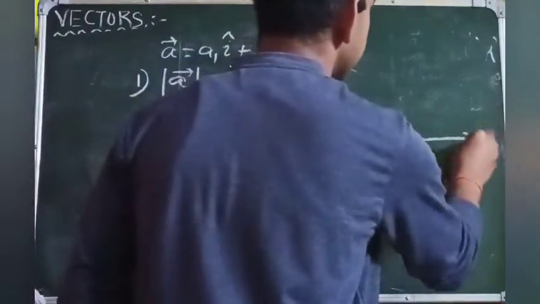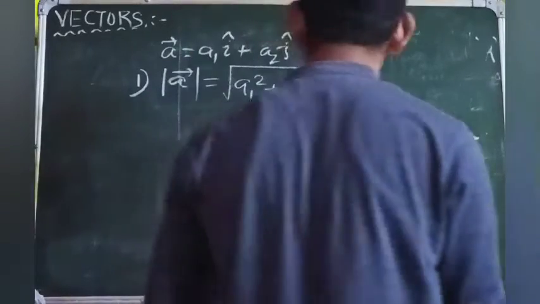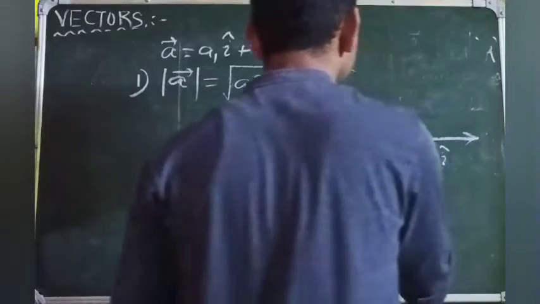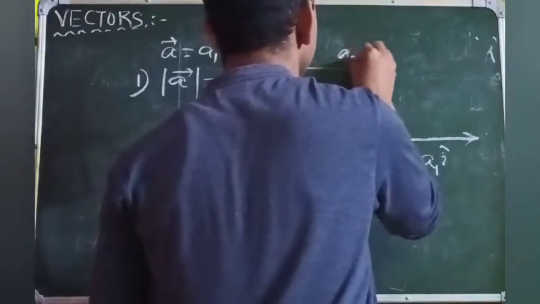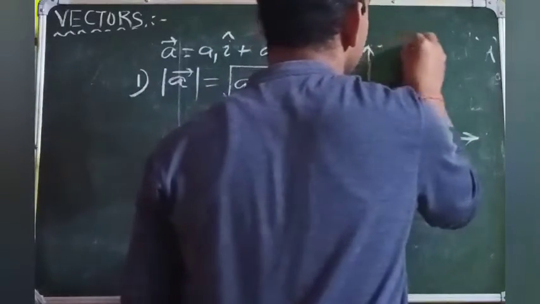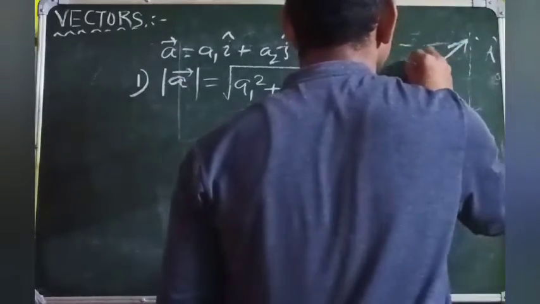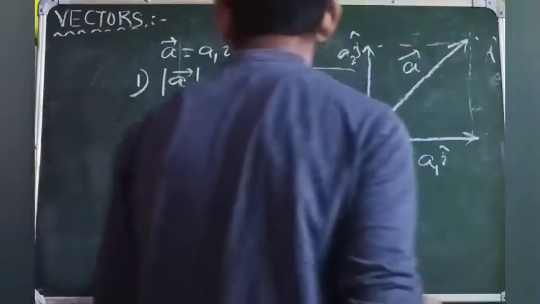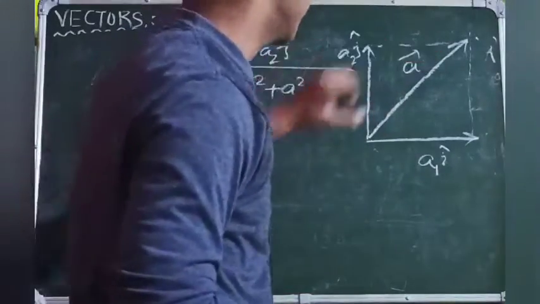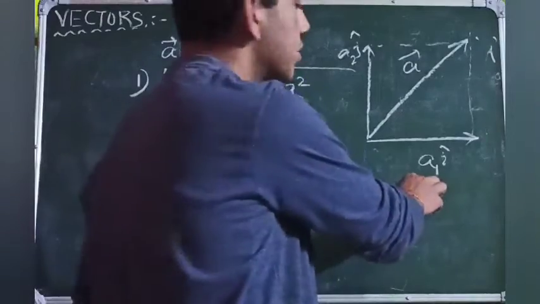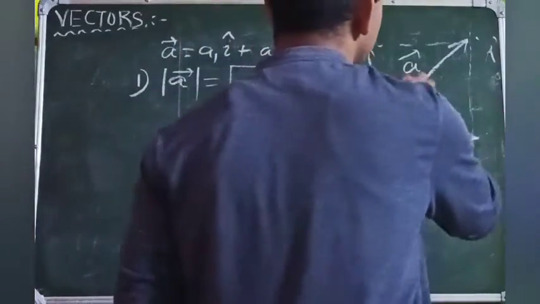We can see this justification from this diagram. This is a1 i cap and this is a2 j cap, and this was a vector. So the magnitude of a vector is given by the Pythagoras theorem, that is a1 square plus a2 square is going to be a square.